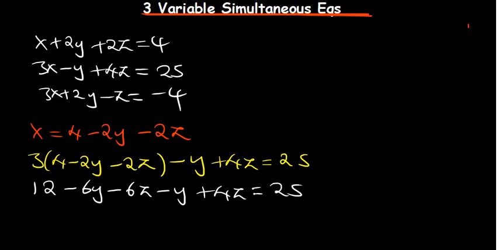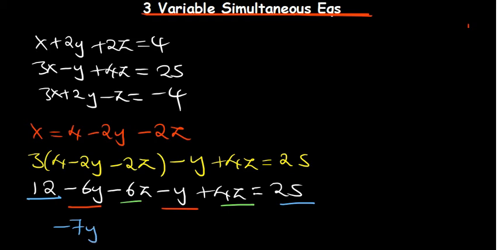Any like terms? Negative 6y and negative y, negative 6z and 4z, and then of course 12 and 25. So negative 6y minus y is negative 7y.